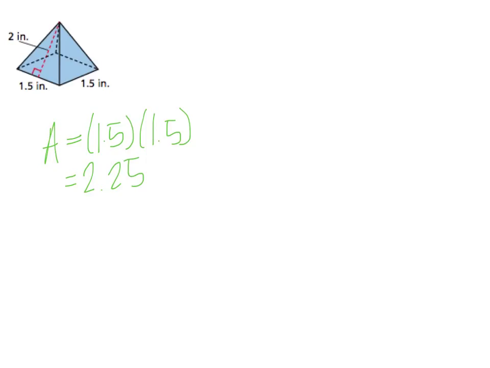Now I need to do the area of my triangles, and to find the area of a triangle you do base times height divided by 2. So my base is 1.5, my height is 2, and then I'm going to divide by 2. So I end up getting 3 over 2. And I'm going to leave this as a fraction.